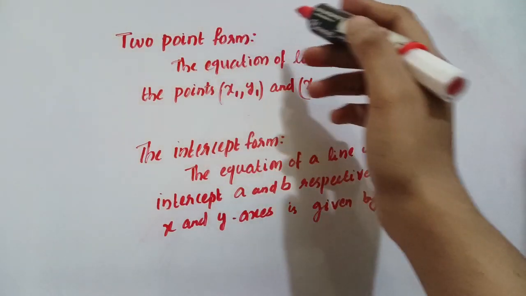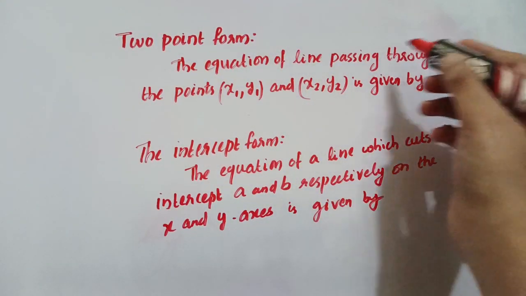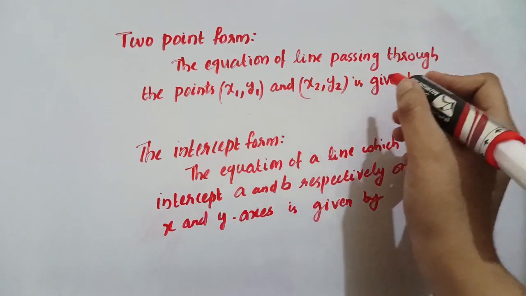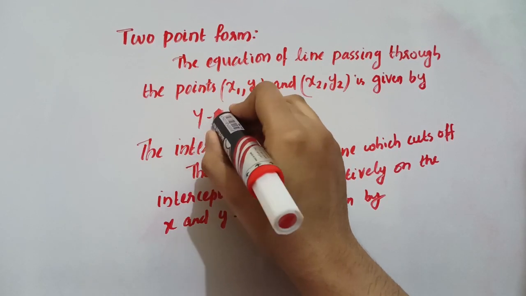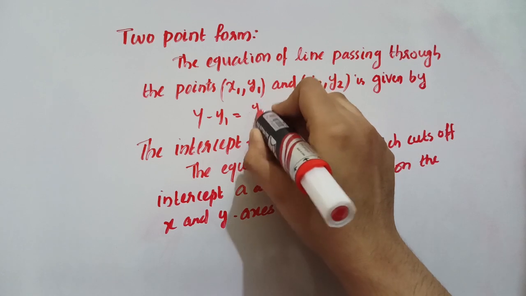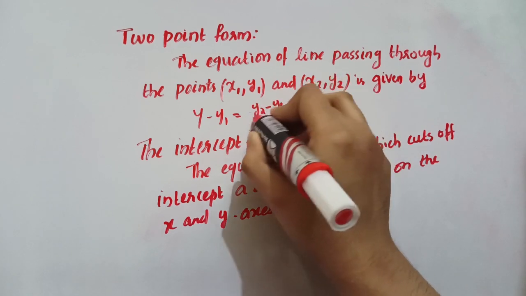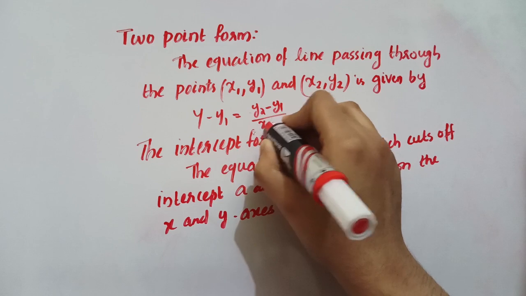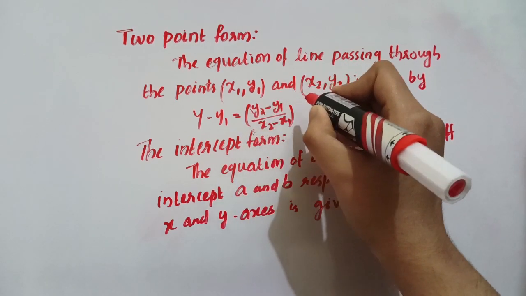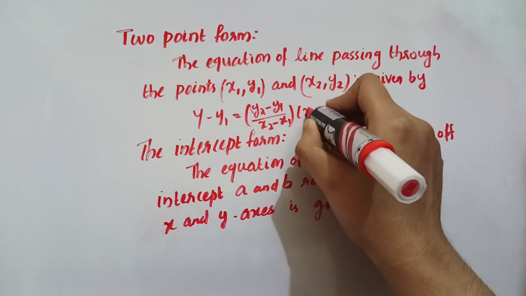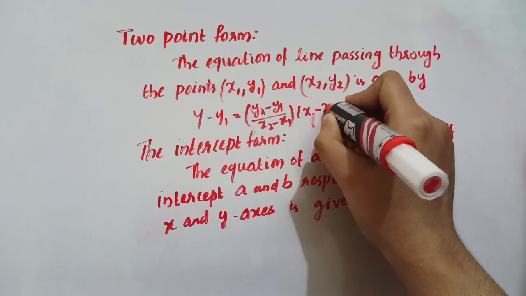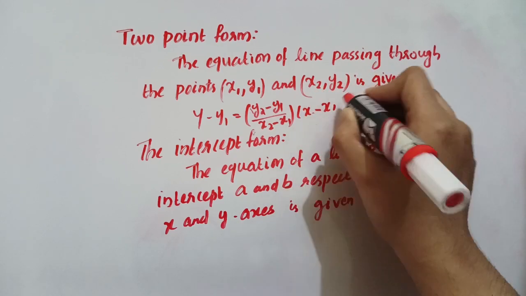Next is the two-point form. The equation of a line passing through the points x1, y1 and x2, y2 is given by y minus y1 is equal to y2 minus y1 by x2 minus x1 into x minus x1.